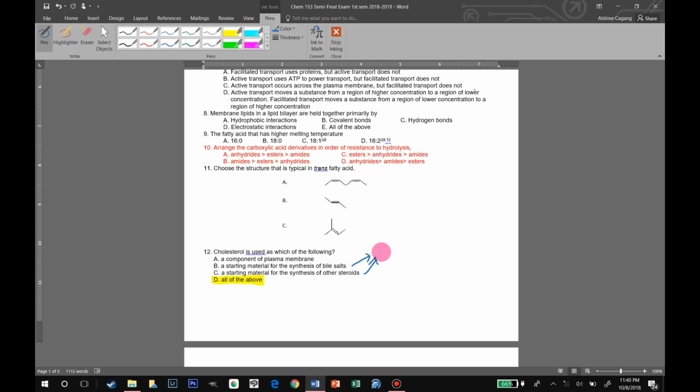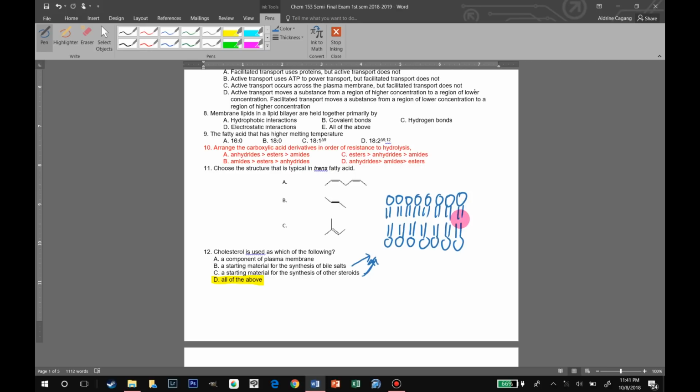and not all hormones, but your testosterone and your estradiols, your male and female sex hormones, and then other steroids as well. And then it is also a component of the plasma membrane. One characteristic of your plasma membrane is that it is fluid in nature, but your cells don't necessarily have to have their entire surface area be fluid.